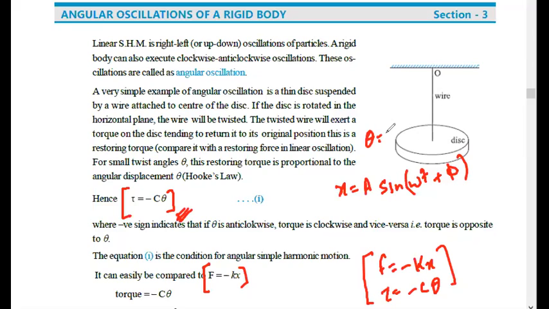So it will be some constant, I'll just write theta naught sine omega t plus again some constant, I'll just write as phi dash. Yes or no? Anyone have any issue in this?